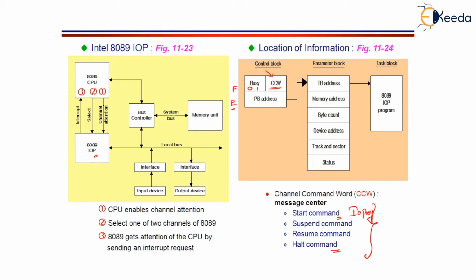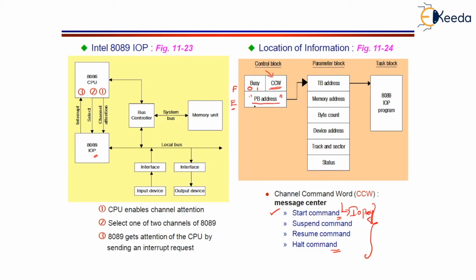Let us say at this point 8086 is initiating an IO program to 8089. It is obviously going to use the first command, that is the start command. Start command says, 8089, you need to start an IO program. So where is the IO program? In order to intimate the 8089 where the IO program is, it is going to use the PB address. What is PB address?